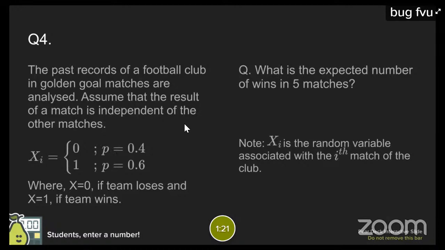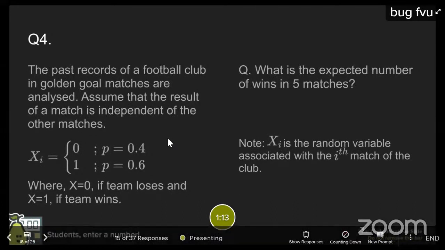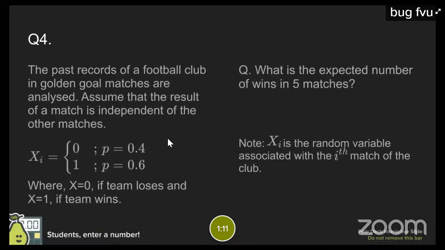One question on considering this X. Here it says X is 0 if the team loses and X is 1 if the team wins. So for winning and losing, is it mandatory that they should be 0 and 1 only? Yeah, it's mentioned in the question, right? 0 if team loses and 1 if team wins. Yes.